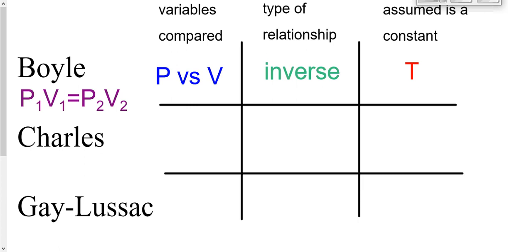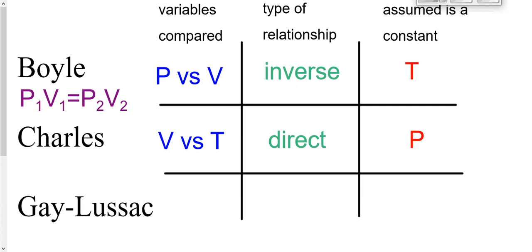Now, in the case of Charles's law, we would be comparing volume versus temperature. Volume and temperature have a direct relationship. As the temperature is increased, the volume or space that the particles will take up will also increase.